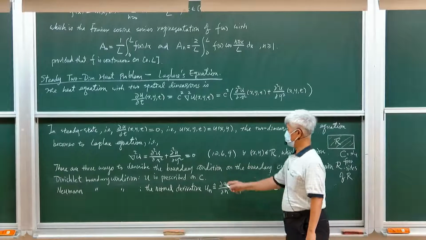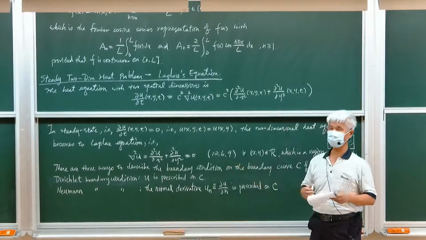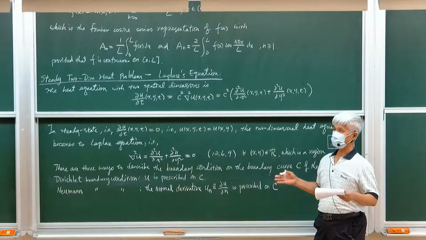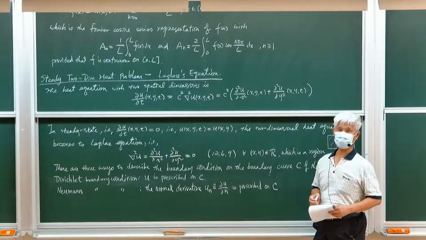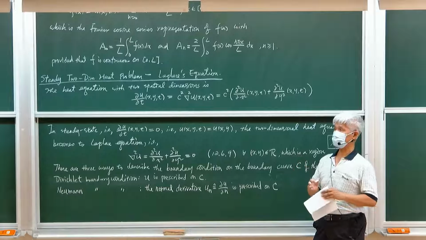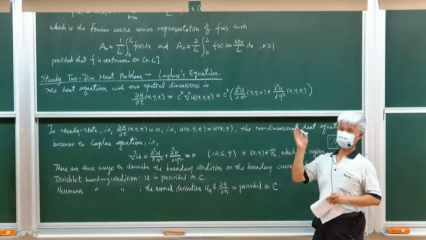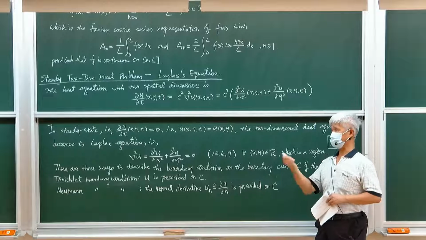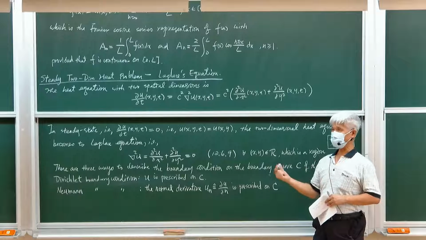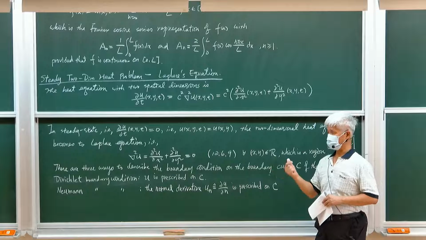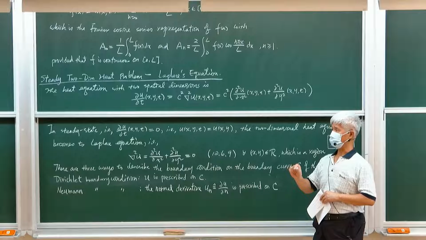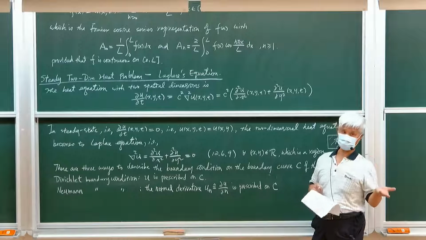Normal derivative, because we are talking about derivatives in 2 dimensions, so we must consider the so-called directional derivatives, because there are infinitely many directions. Not like in 1 dimension, where you have a positive direction and a negative direction, so basically there is only one direction, or you can say 2: positive x and negative x.